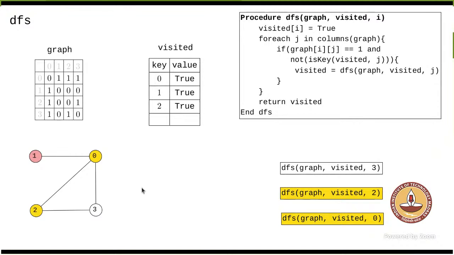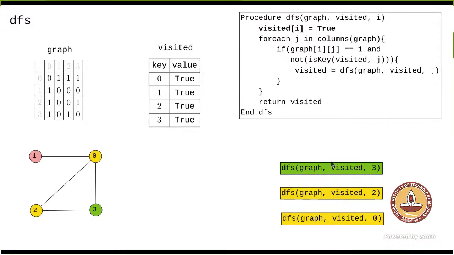Now, what will happen to the visited dictionary? 3 will be the key with value true. Then we go to each column, but since we have already visited each column, it will not execute. So what will happen to DFS graph visited 3?